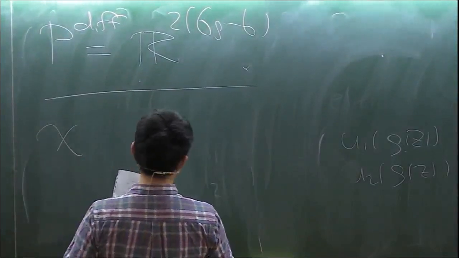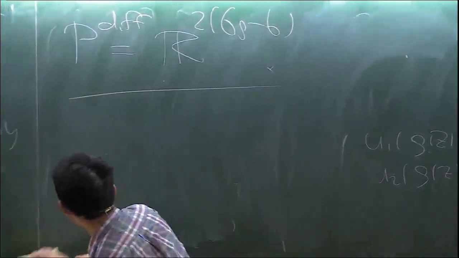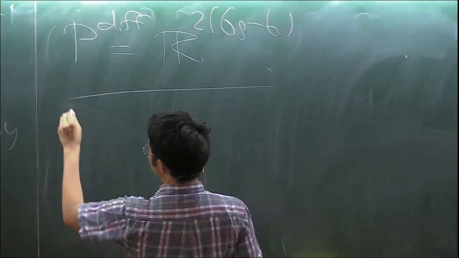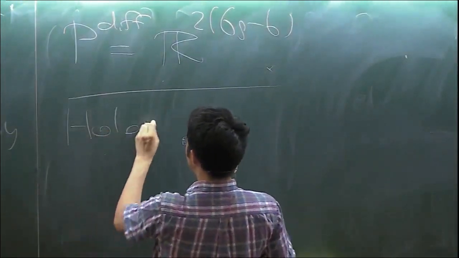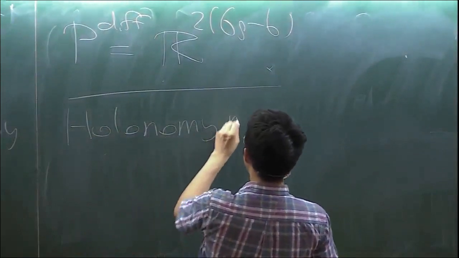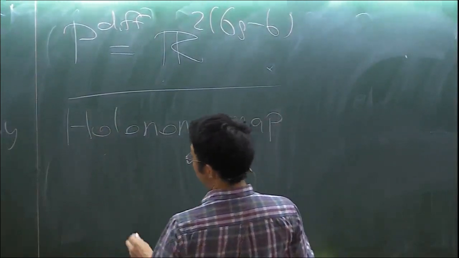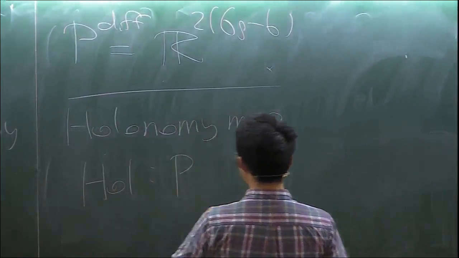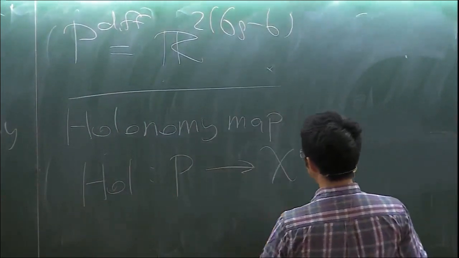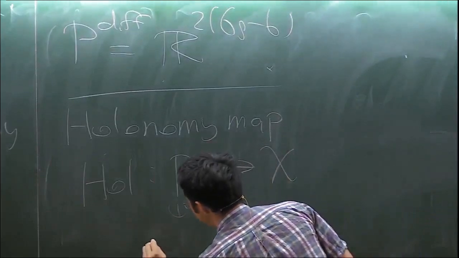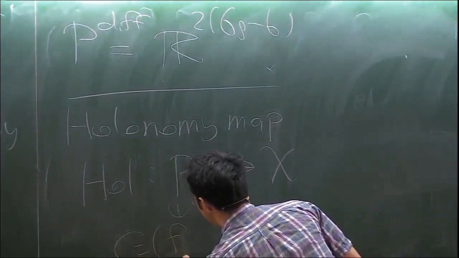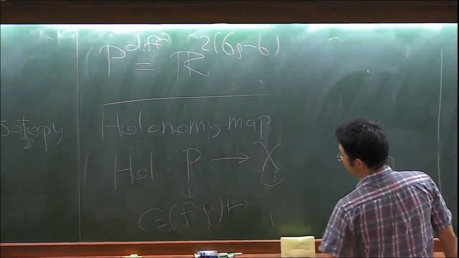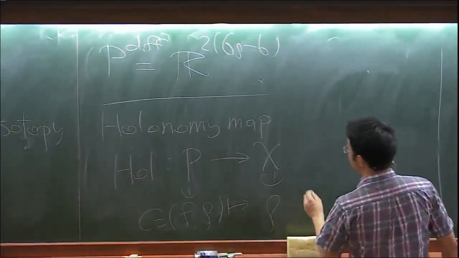We have the holonomy map from this deformation space to the character variety, the space of representations, taking a CP1 structure to its holonomy representation.